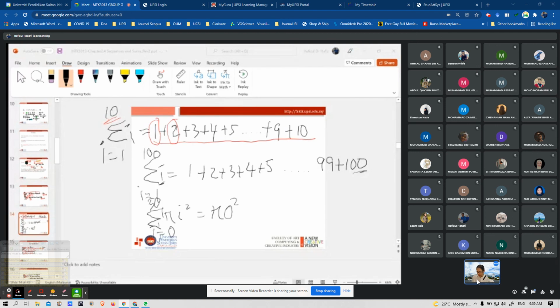Then we are increasing our I. We make sure that we haven't hit our boundary 50, the top value or the limit value. So now I equal to 1, pi times 1 squared.